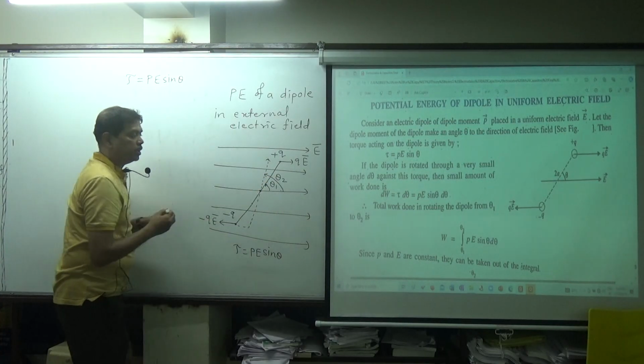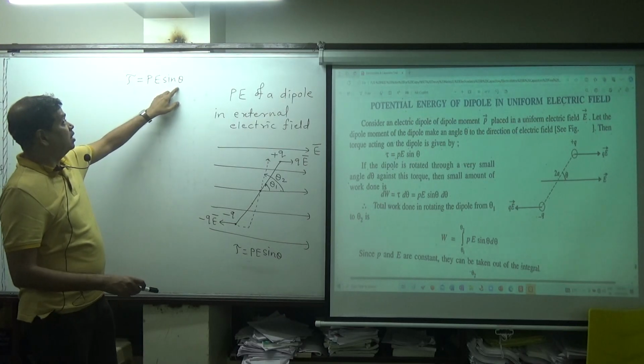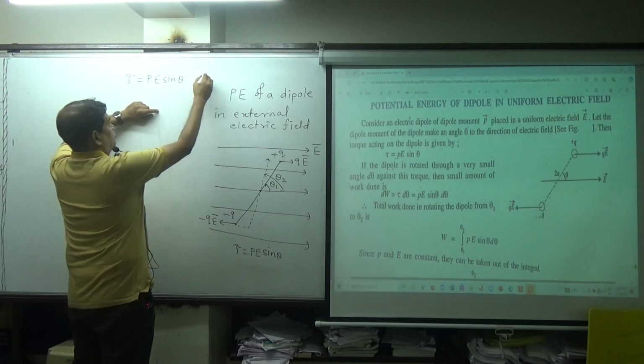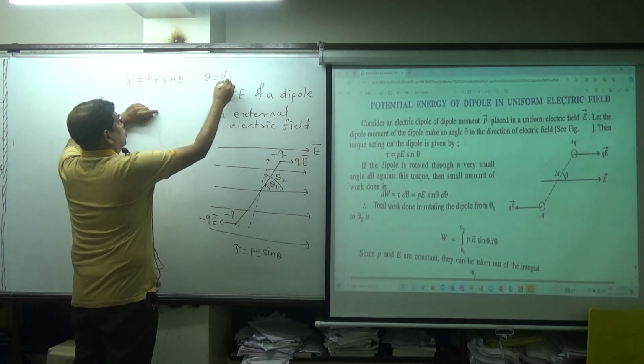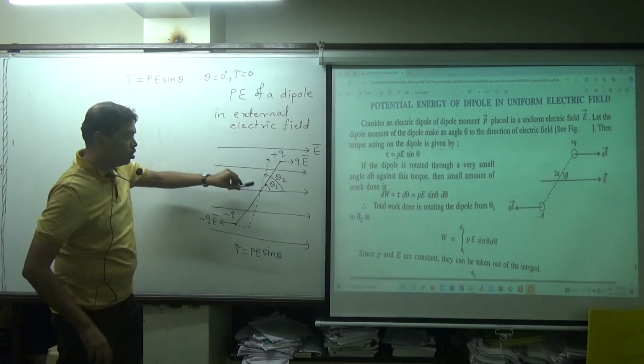If you see very carefully, try to remember that torque is p E sin theta. So when theta was 0, torque was equal to 0.